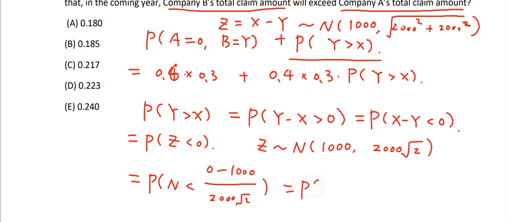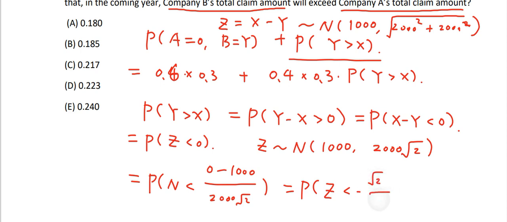We prefer to use standard normal, use Z. It is a little bit confusing to use this notation Z. So Z less than negative 1000 over 2000 radical 2, so 1 over 2 radical 2.